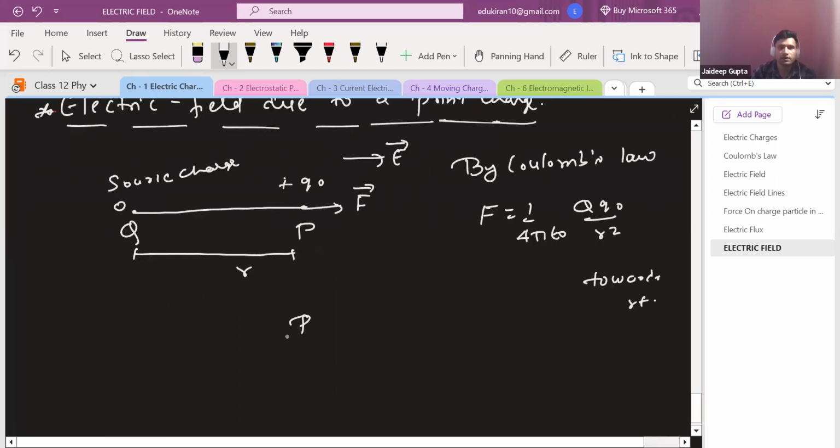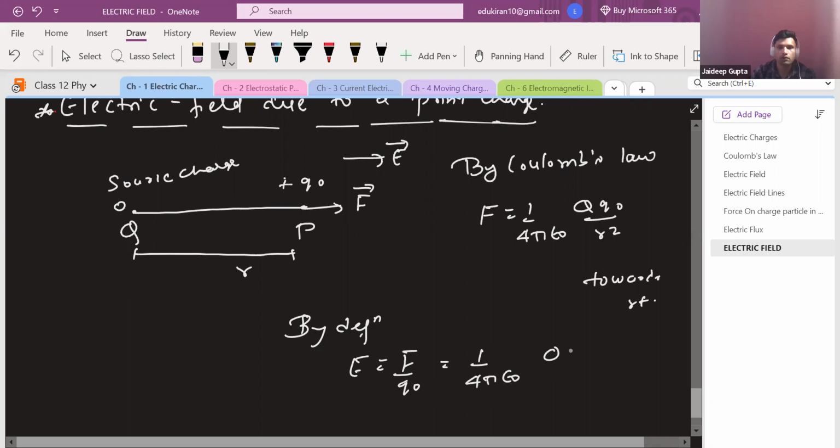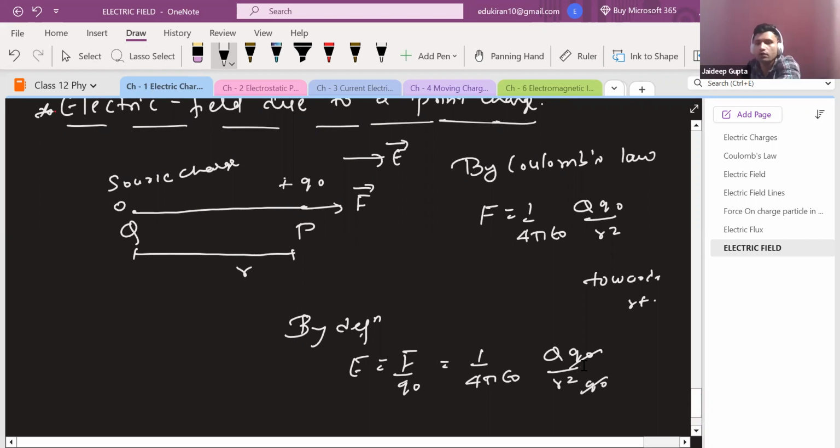So by definition, electric field equals F over q naught. q naught will cancel out.